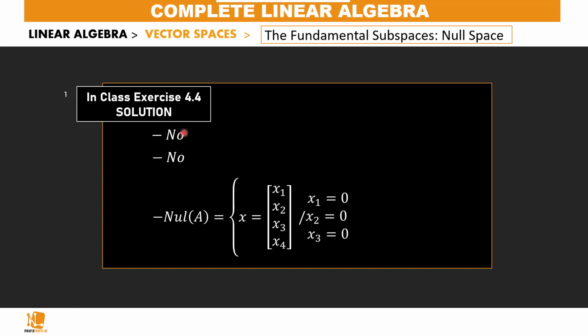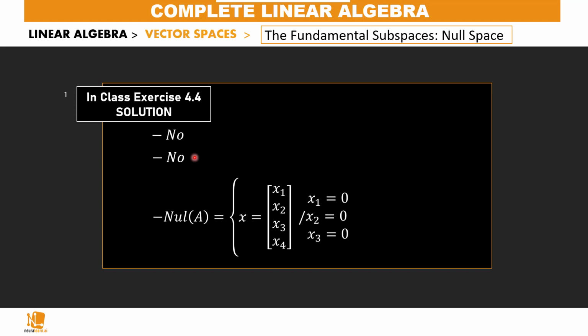So the first is not part of the null space of A. For the second, we have a 3x3 matrix and a 3x1 matrix. But after multiplying the two matrices, you don't obtain a matrix which is 3x1 and whose elements are all zeros. So it is not part of the null space of A.